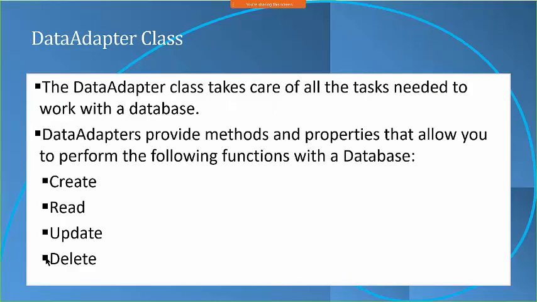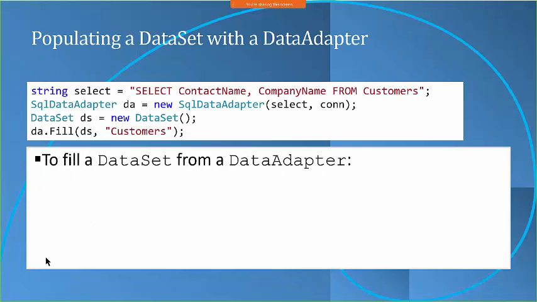And so we're going to use a data adapter, and data adapters provide methods and properties that allow you to perform the following functions of a database: create, read, update, and delete. So if we're going to use a data adapter, we can say we want our select statement to be select contact company name from customers. Then we create a data adapter, and we pass in this select query and a connection.